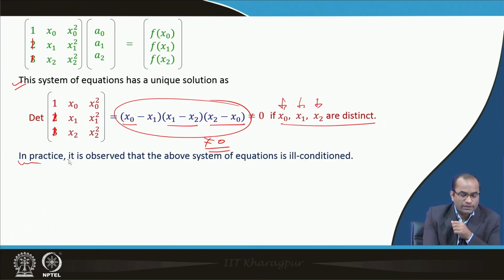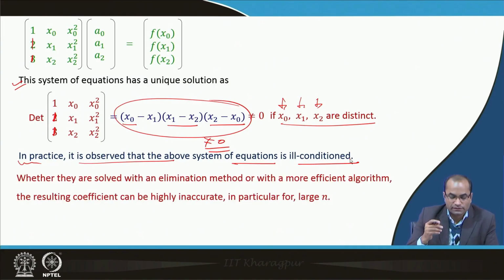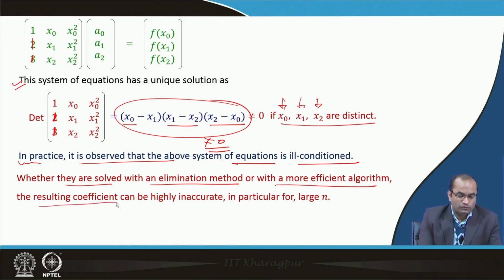The reason is that in practice it is observed that the above system of equations is ill conditioned. What do we mean by ill conditioned here? Whether the equations are solved with an elimination method like Gauss elimination, or iterative methods we have already discussed, or any other efficient algorithm, the resulting coefficients can be highly inaccurate.